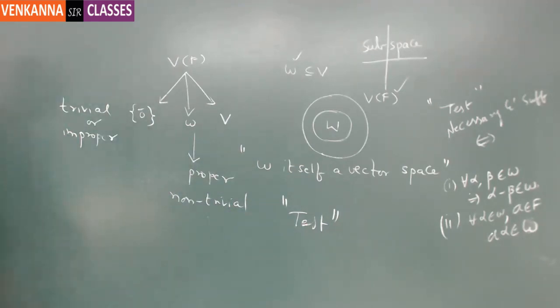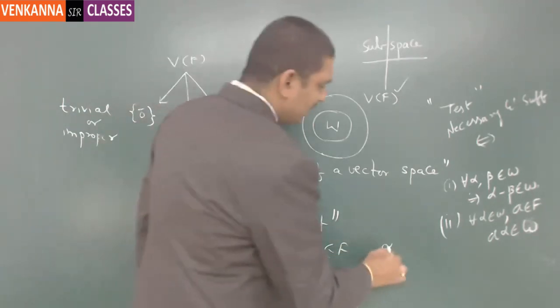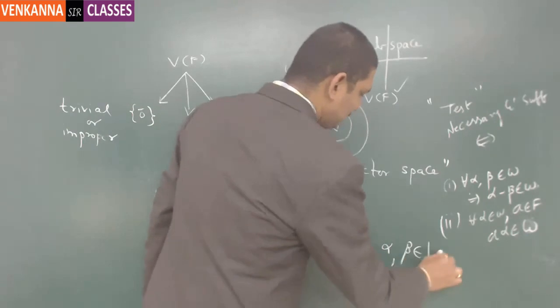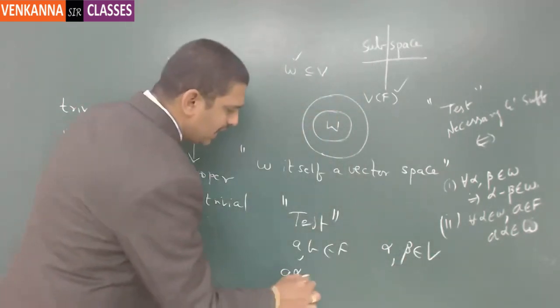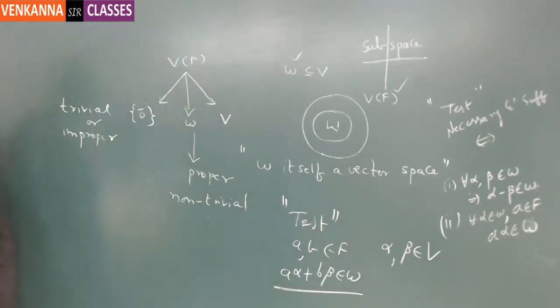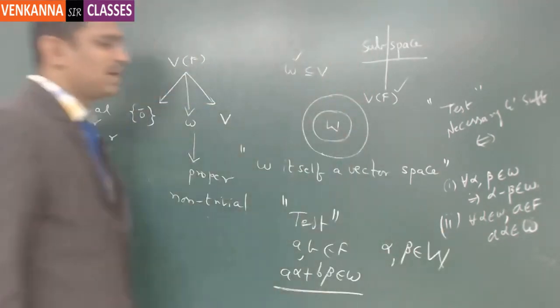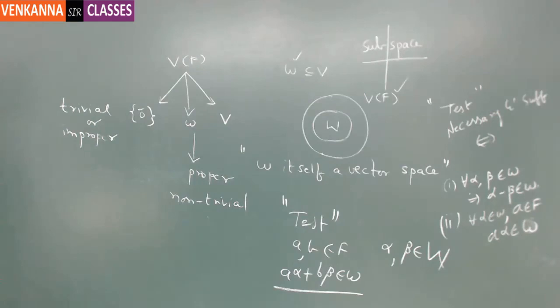You can take any two numbers and any two vectors, then A alpha plus B beta must belong to W, where alpha, beta are any vectors in the subset W, because you are checking for W, and A, B are any scalars in the field F. So the result A alpha plus B beta must belong to W. Then we say that W is a subspace of the vector space V.